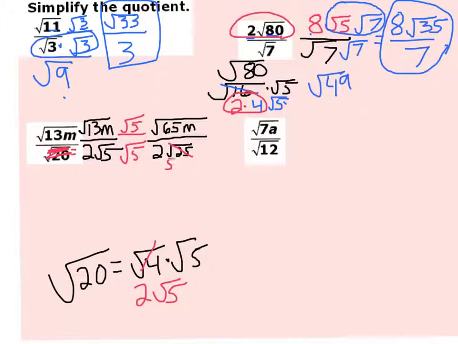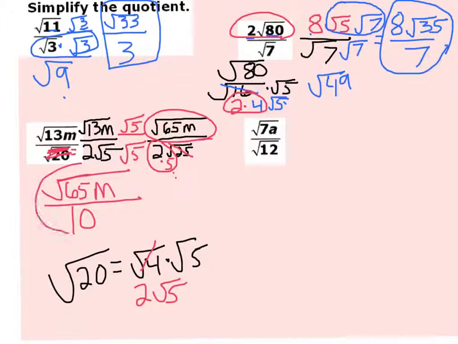And when I break it out, it needs to multiply to the 2. So I end up with 10 in the denominator. The numerator is right here. Square root 65m. I cannot reduce because it's in the radical. I'm done.